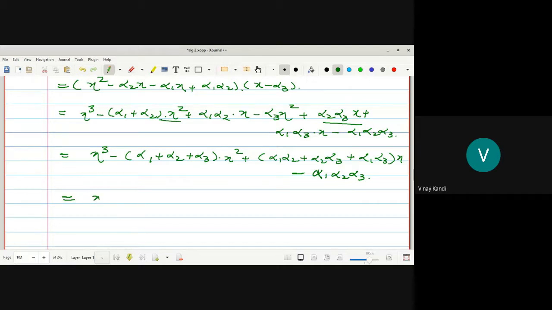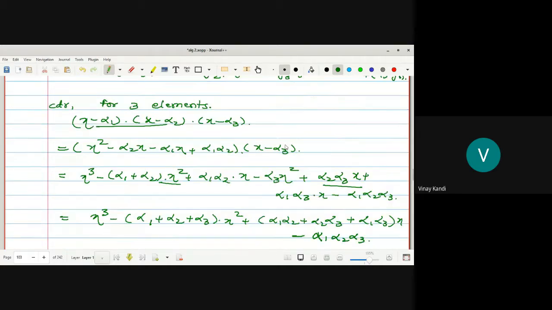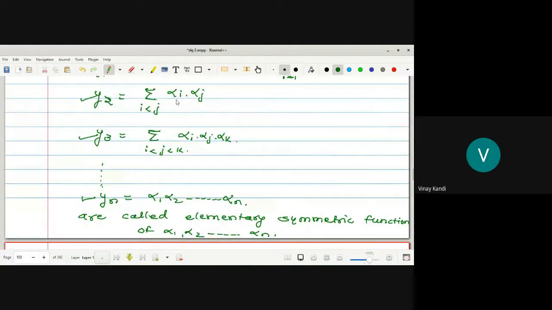What is this? This is y1, the elementary symmetric function of alpha 1, alpha 2 and alpha 3. This is y1 into x square plus, now look at here, what is y2? y2 is the summation over i less than j: 1 2, 2 3 and 1 3, that is alpha 1 alpha 2, alpha 2 alpha 3, alpha 1 alpha 3.